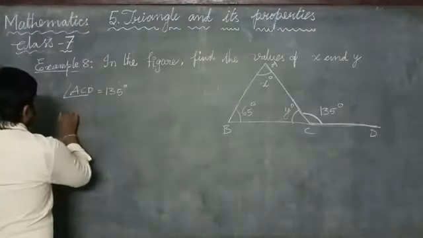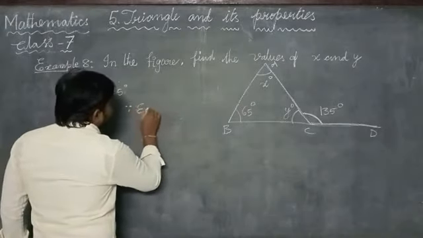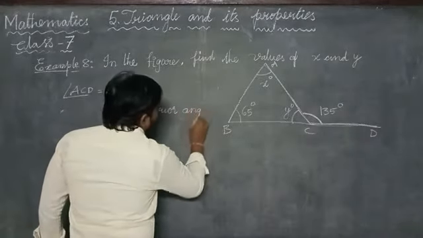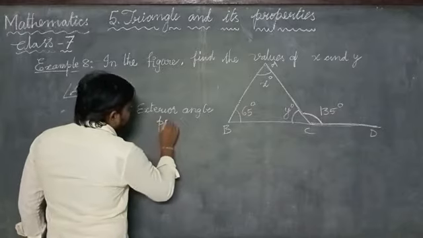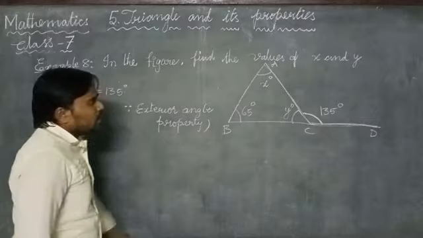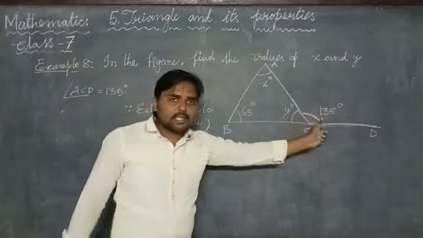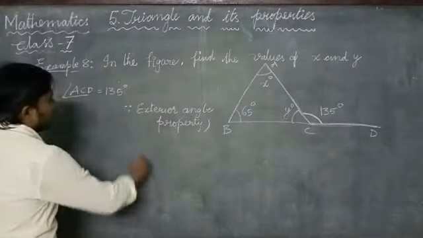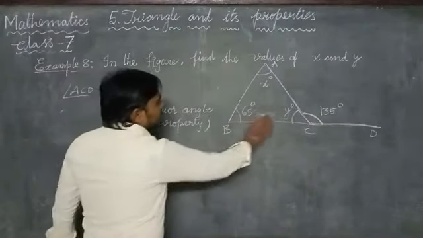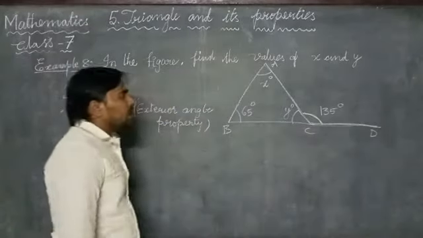Since the exterior angle property says the sum of the two opposite interior angles of a triangle is equal to the exterior angle of the triangle, we can write it accordingly.